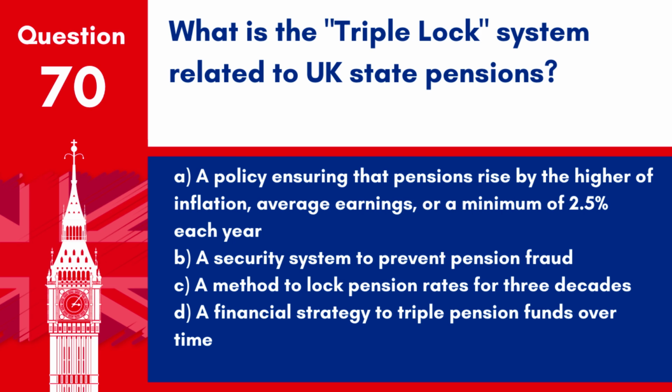D. A financial strategy to triple pension funds over time. Answer: A. The triple lock system is a policy related to UK state pensions that aims to ensure that the state pension does not lose value in real terms.